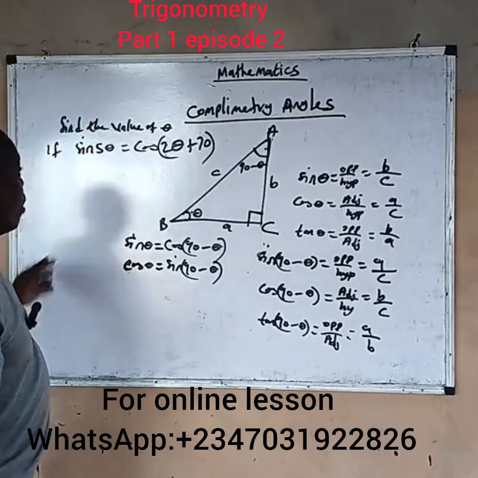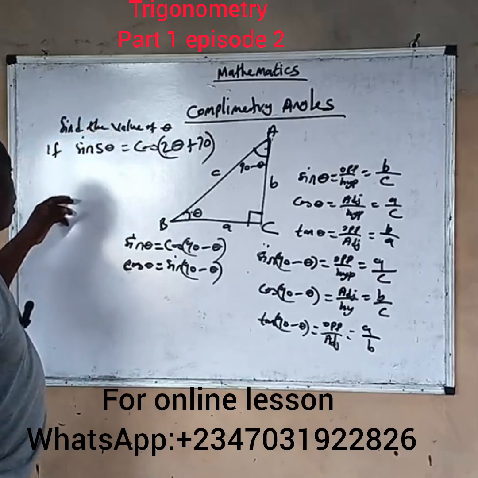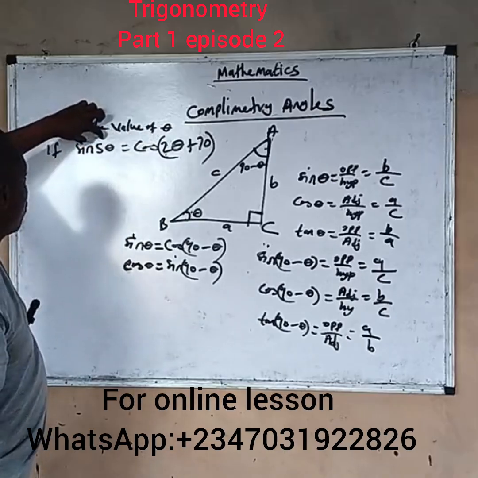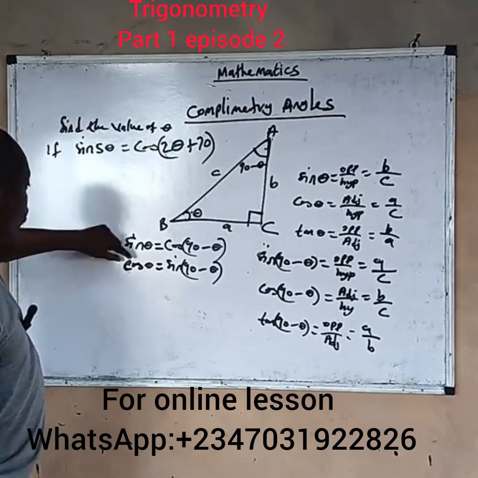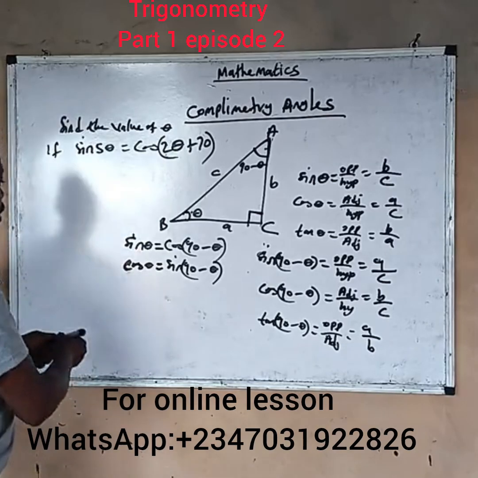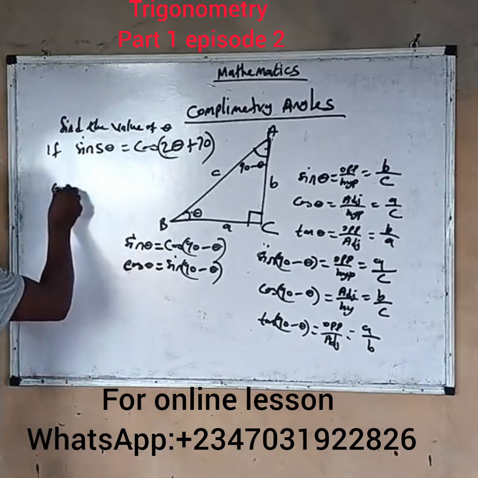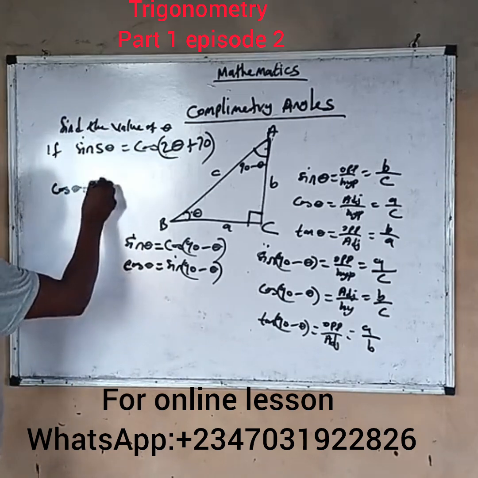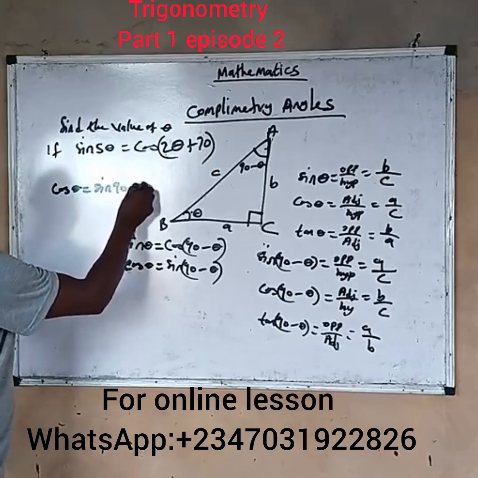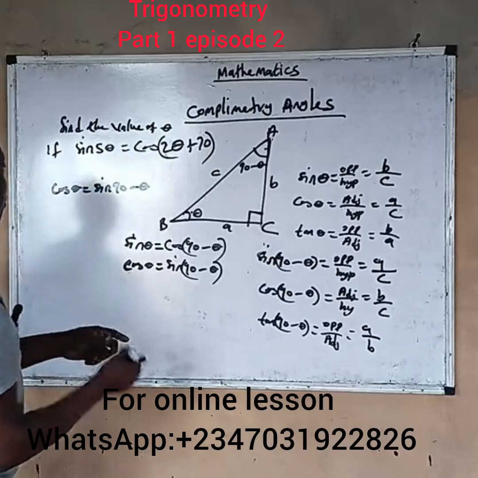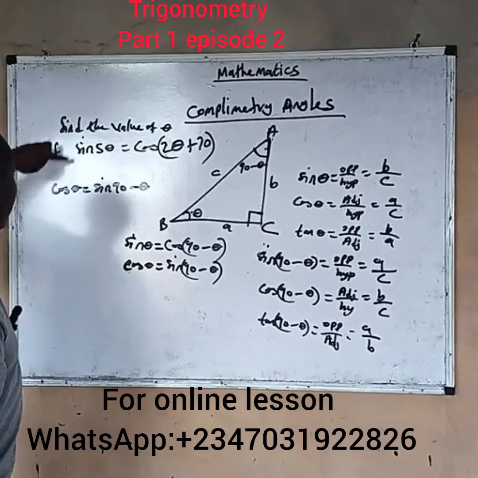Okay. Now let's say I want here to be cos. If I want here to be cos, I will come here and pick this one: sine theta is equal to cos 90 minus theta.